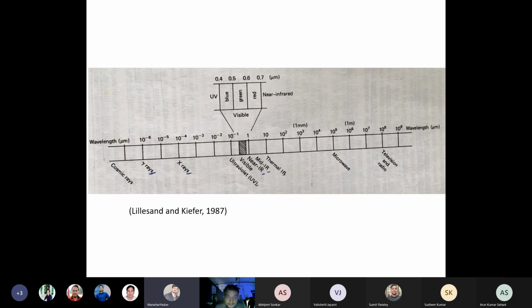What will be the property of energy content within a particular wavelength? Sir, energy will be more because wavelength is short, amplitude will be high. No, we are moving away from the visual spectrum towards microwave.